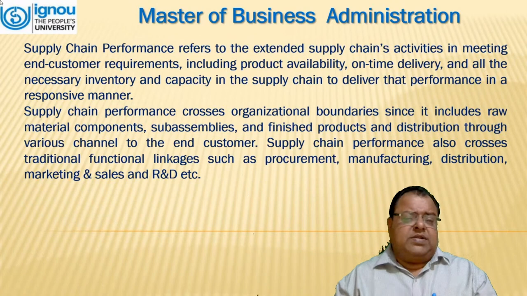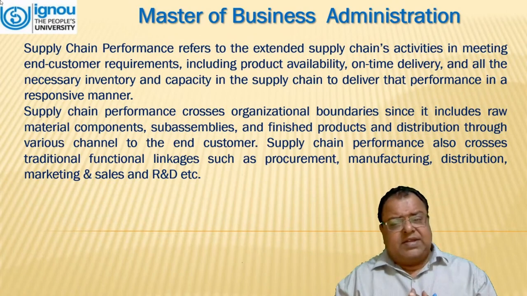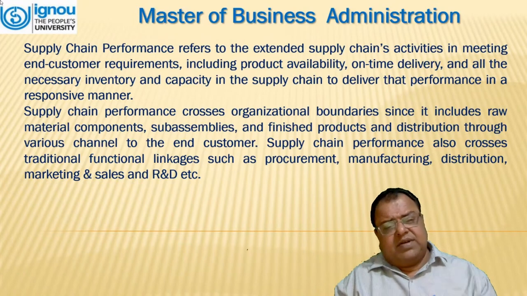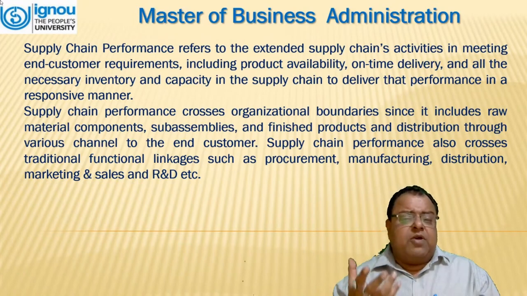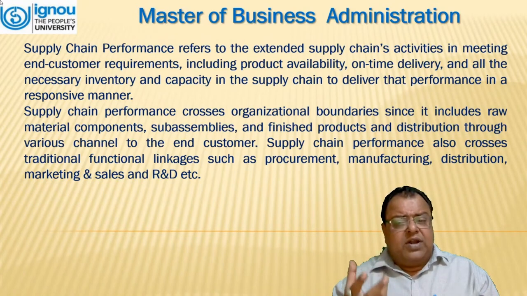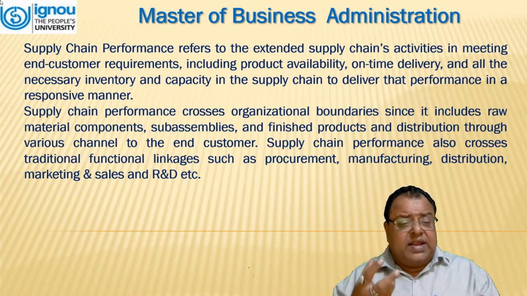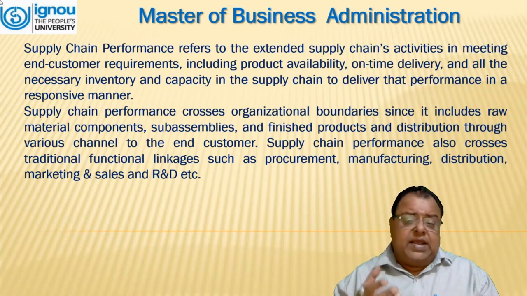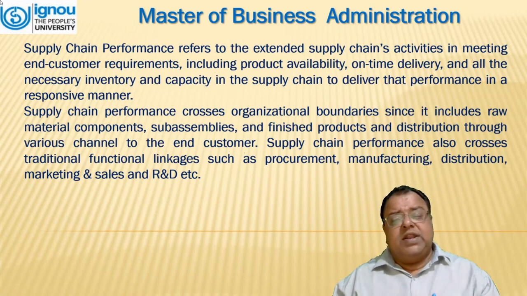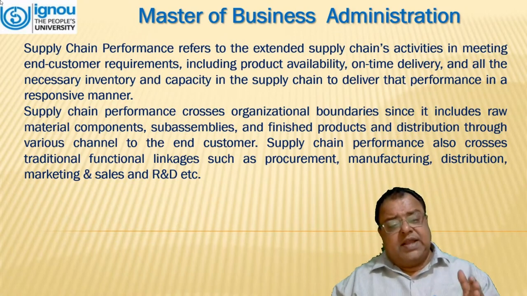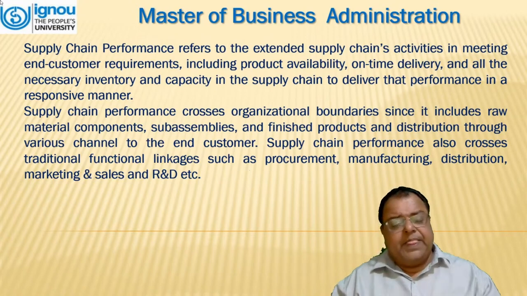Supply chain performance refers to the extended supply chain activities in meeting end customer requirements, including product availability, on-time delivery, and all the necessary inventory and capacity in the supply chain to deliver that performance in a responsive manner.